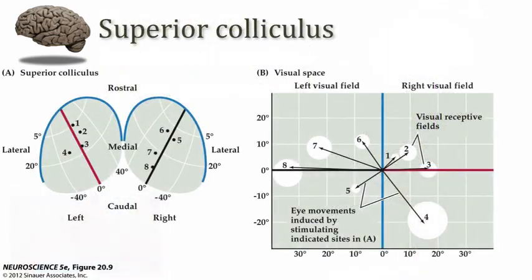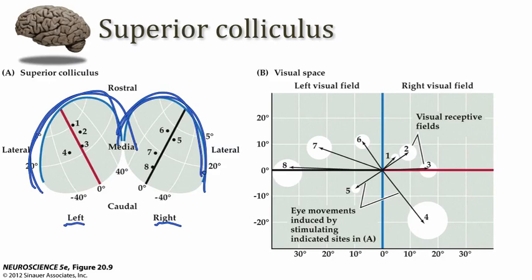So this is illustrated in the following figure concerning the superior colliculus. So what we have over here to the left is an illustration of the superior colliculi. So here's the left colliculus and the right colliculus. And what is shown in the left part of this figure is the sensory map. So there is an indication of the vertical meridian here. So here's the vertical meridian in blue.